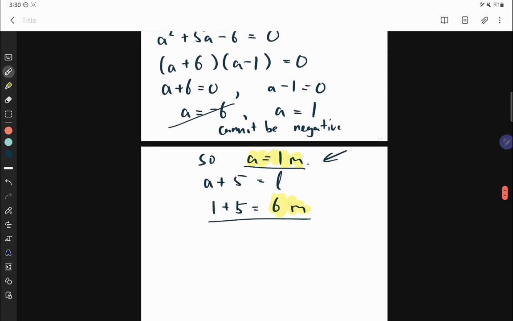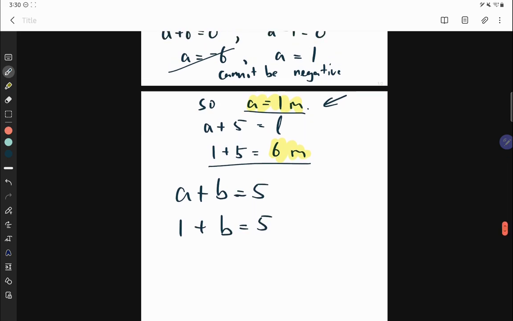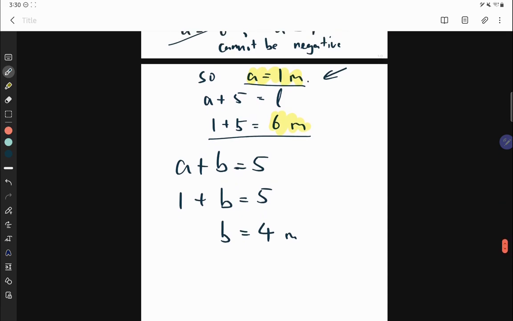So if I write that up again, A plus B equals 5. And I know A already. A is 1. Cool, I can rearrange this. Minus 1 both sides, I get 4. B is 4 meters. So the width for plot number 2 is 4.